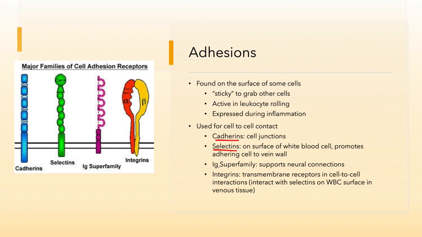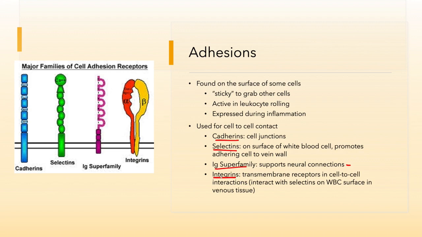The Ig superfamily supports neural connections, so these are found in nervous tissue. They're called Ig superfamilies because they closely resemble antibodies or immunoglobulins, but they are not. And then last are the integrins.